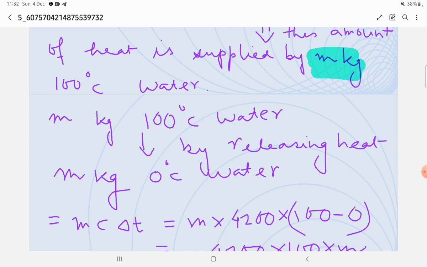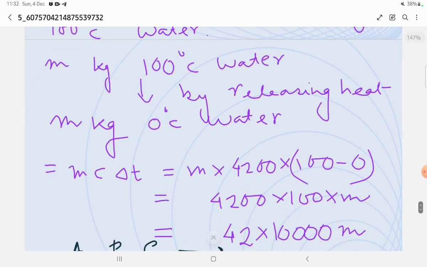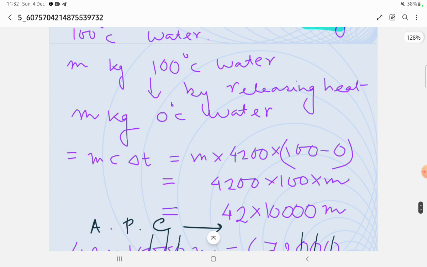Okay, next, we will find out the amount of heat energy released by using mc delta t. So m is not known to us. This will be 42 into 10,000 m.